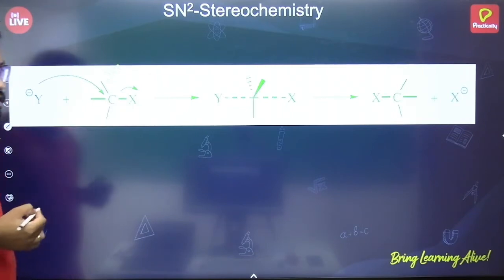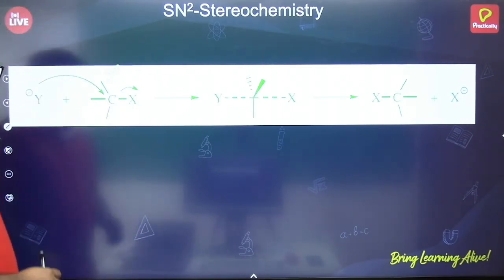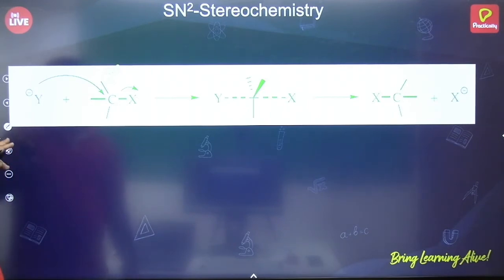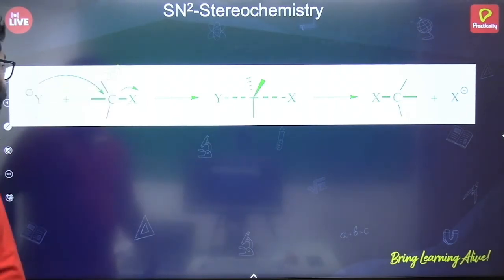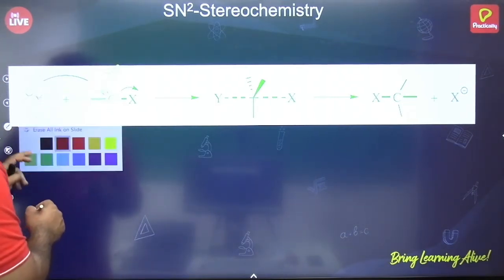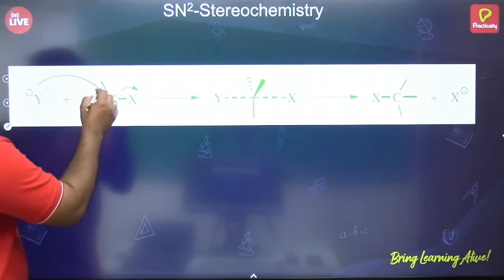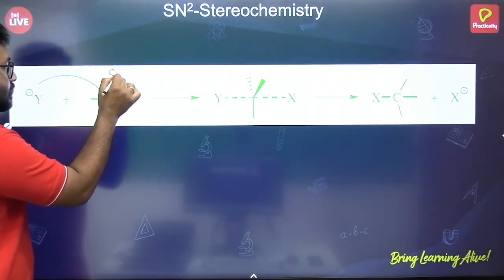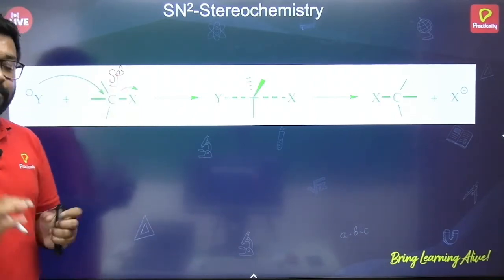Let me change the color, otherwise you would see in a better way. Yes, see, this is sp3. It is an sp3 hybridized carbon.